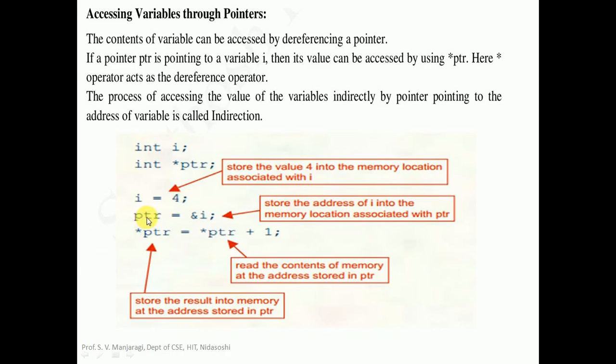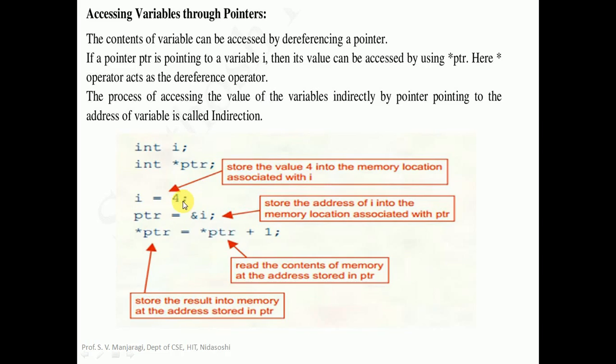Now the next statement is ptr is equal to ampersand I. We know that ampersand of I is basically taking the address of the variable I. So I is the variable that is initialized to 4.